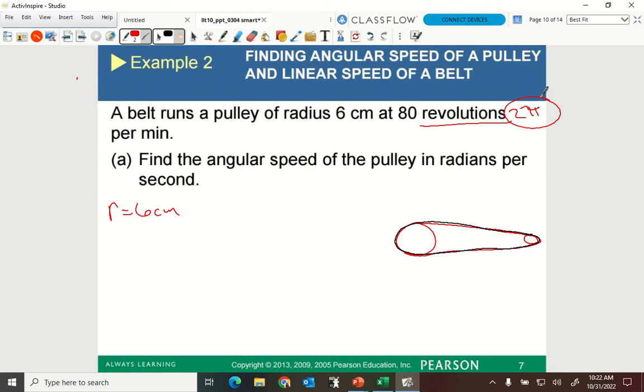Because every single one of those revolutions is 2 pi. So my revolutions are going to be all together 160 pi, and that's per minute. So 160 pi per minute.